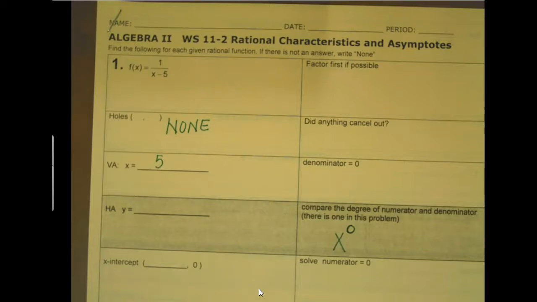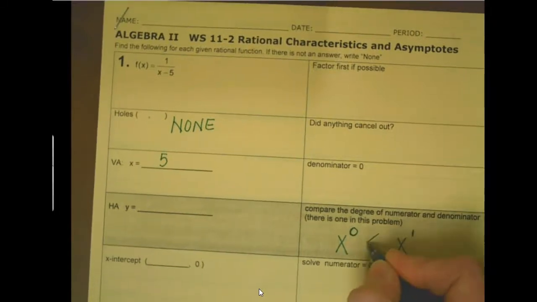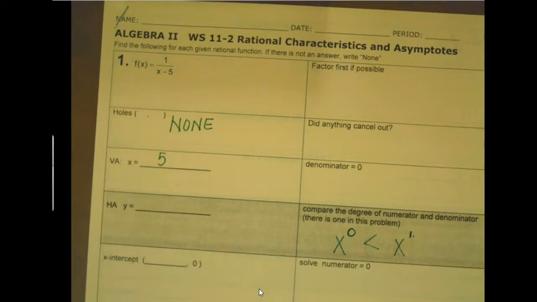Anything raised to the 0 power is 1. Not 0, not negative. Anything raised to the 0 power is equal to 1. Okay, what do we have in the denominator? The degree of the numerator is less than the degree of the denominator. So look over there on our note paper. What does that tell us?